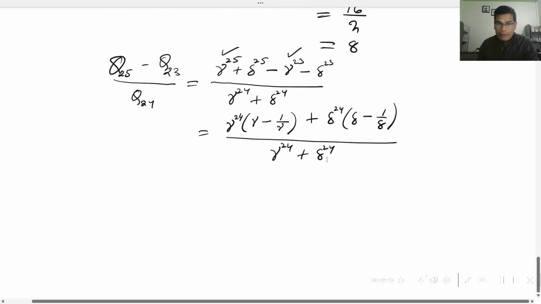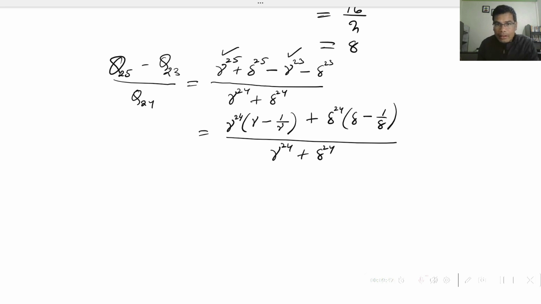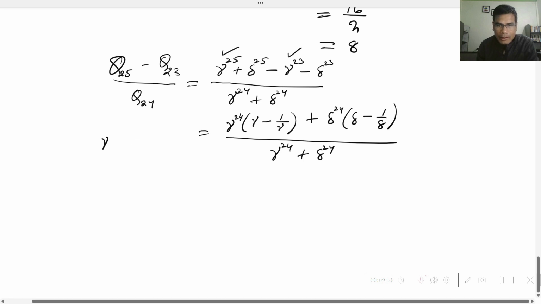Now why do I take gamma to the power 24 straight? Because if we take gamma to the power 23 common here, then we'll have gamma square, but we don't know the value of this. We know the value of gamma plus delta and the product of gamma delta, which is equal to minus 1.